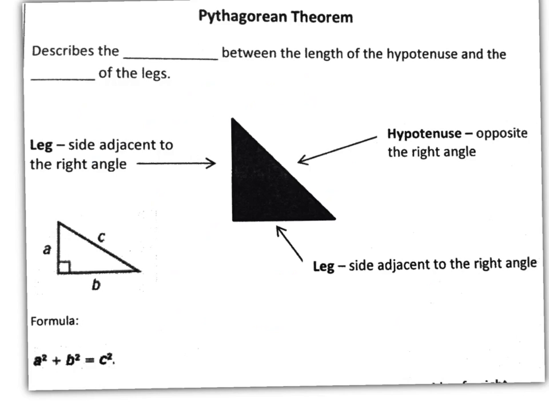And it describes the relationship between the length of the hypotenuse and the lengths of the legs. So in a right triangle, we always have a hypotenuse, and we always have two legs.